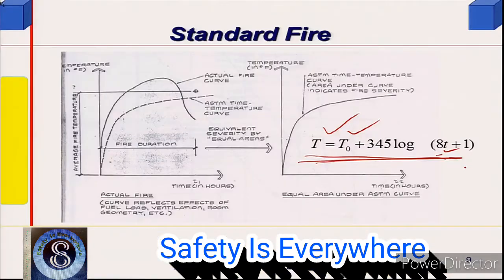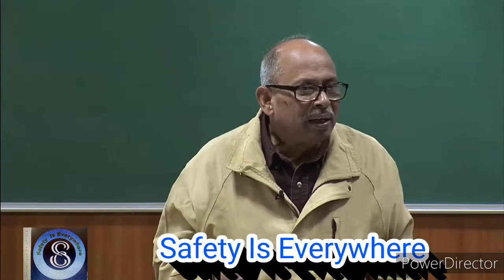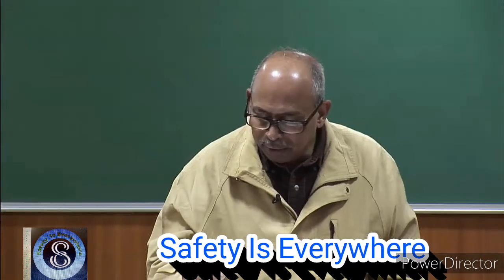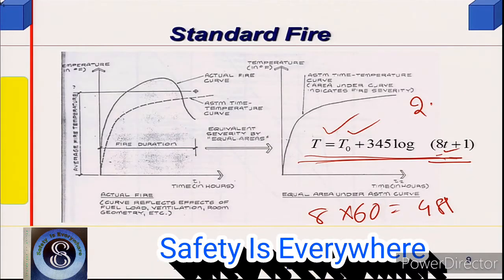So, supposing it is 1 hour, how much will this temperature be? This will be 60 minutes. So, 8 into 60 is 480, plus 1 is 481, the 1 really does not make any difference. So, take log of 481, which will be 2 point something, 2.68, multiplied by 345, that is 925, plus 25 or 30 degrees centigrade ambient temperature.